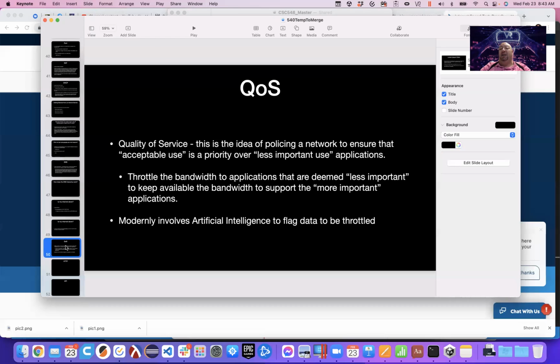Modern day QoS doesn't just rely on what it looks like, it passes it through a machine learning model that tries to classify the data as its actual type of data. What is this really? Not what does it look like, but under the hood, what is it really?